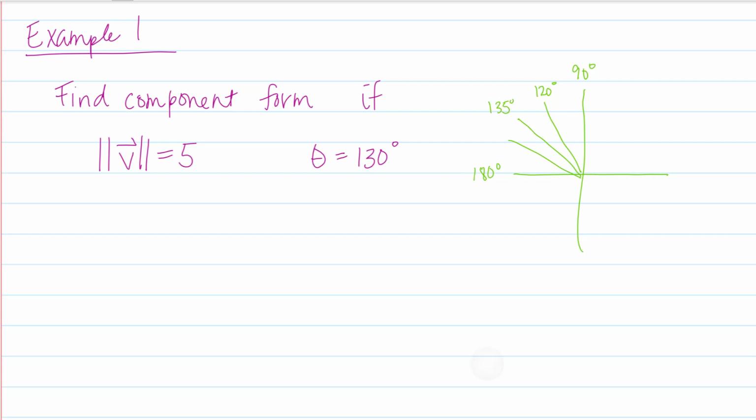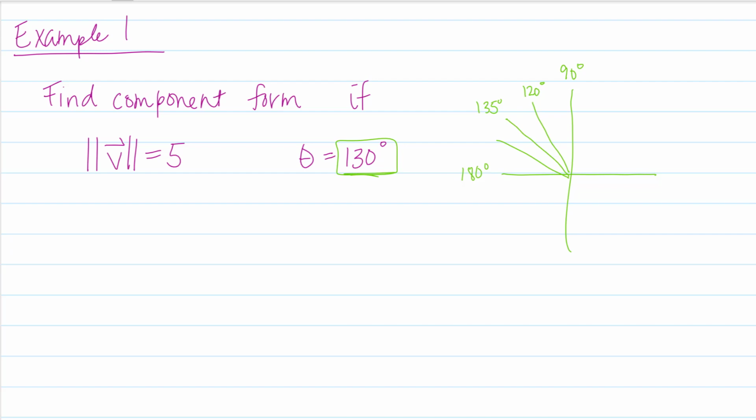So right away you can see this 130 is not one that you have memorized. It's still on the unit circle, it's just not one you have memorized. So that tells me that I'm going to need my calculator to get precise measurements here.